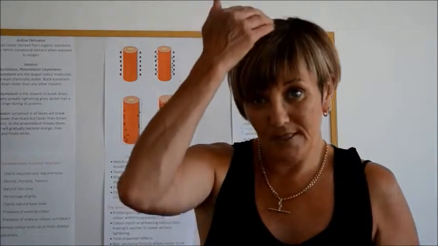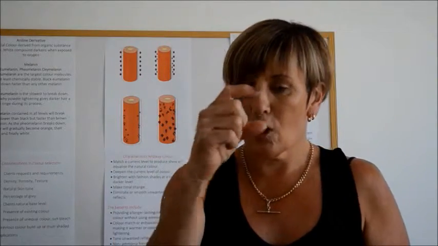Therefore, a fashion shade should be applied around about 2.5 centimetres from the scalp to the hair ends, depending on the length. Clearly, if the hair's only that long, it will be maybe 2 centimetres from the scalp to the hair ends. And then you'll come in and you'll apply to the roots.